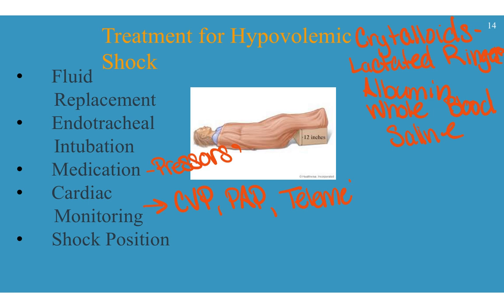We need to make sure that we are monitoring these patients in the ICU and in the emergency room. The shock position, that would be in the field, or if you witness this outside the hospital. The number one thing that we want to do is control the bleed and determine where it's at, and the underlying condition.